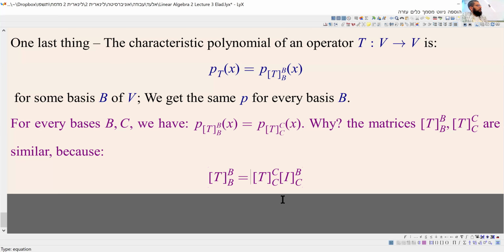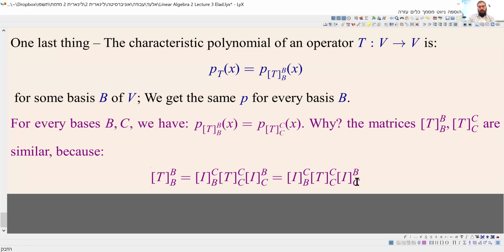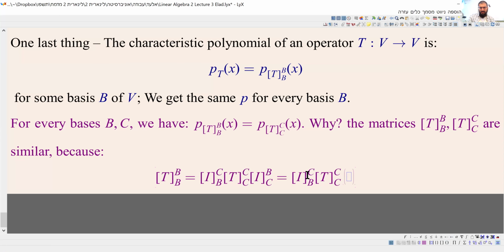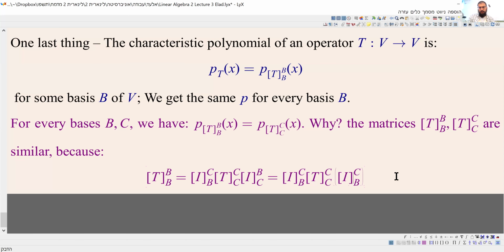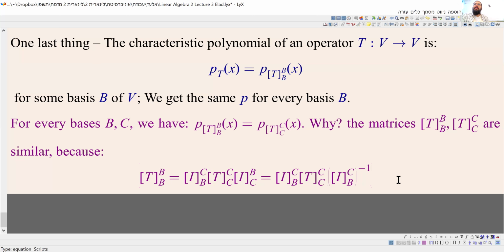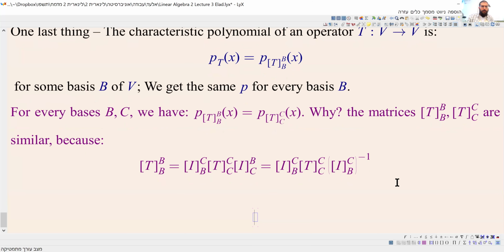That's I going from B to C, and then from C you have to go back to B, so you multiply it by I from C to B, and one of the properties of these matrices is that I from B to C is actually the inverse of I from C to B. And this corresponds to the bases B and C, which means that if you multiply any coordinate vector by the basis B with this matrix, you'll get the coordinate vector of the same vector corresponding to basis C. I mean, I_BC, you multiply it with the coordinate vector, you get the coordinate vector, but by the different basis.